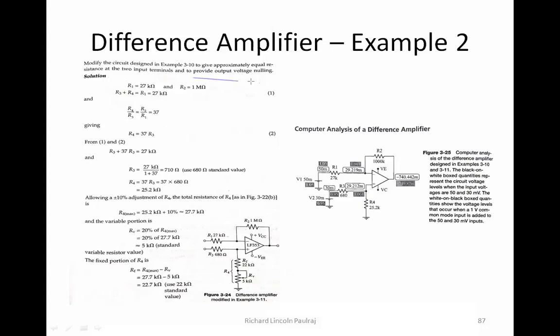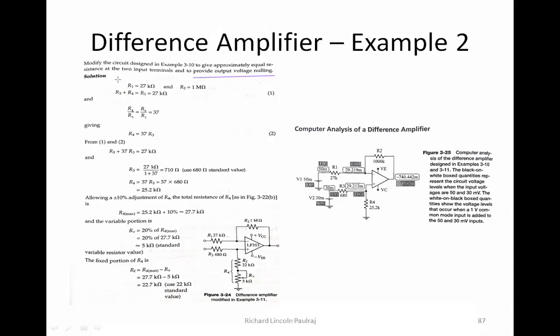Output voltage nulling is a key differentiating factor, which gives us a clue that I am going to put in extra circuitry, not only R4 but also RF and RV, a variable resistance and a fixed feedback resistance RF. So let us see one by one what best we can do.